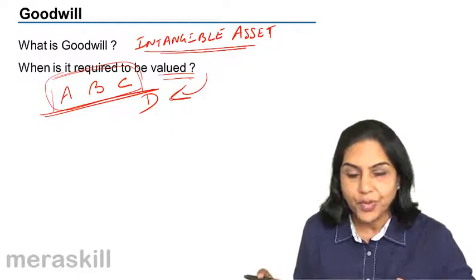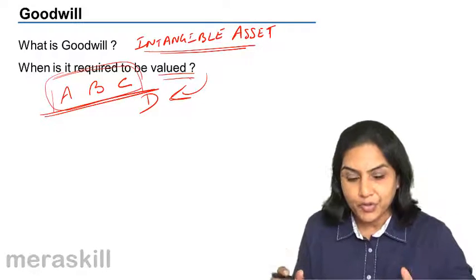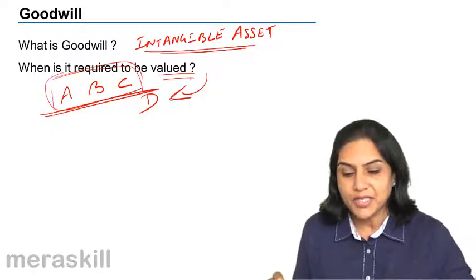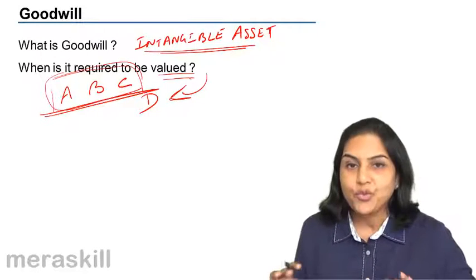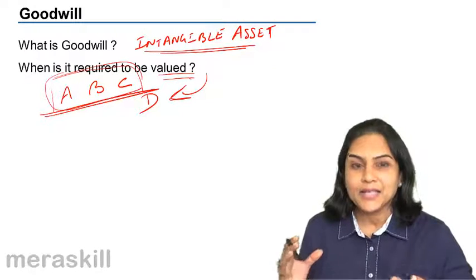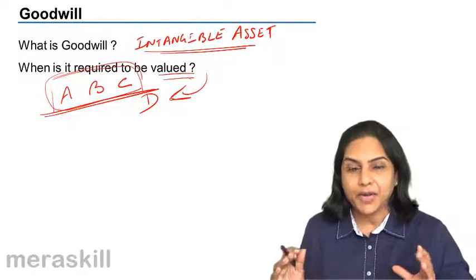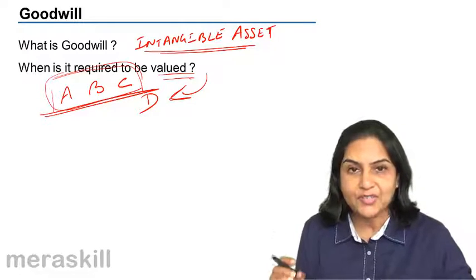So what is goodwill? Goodwill is the good reputation, a good name of the business, an intangible asset which has some value, but it may be difficult to put a precise value to it.